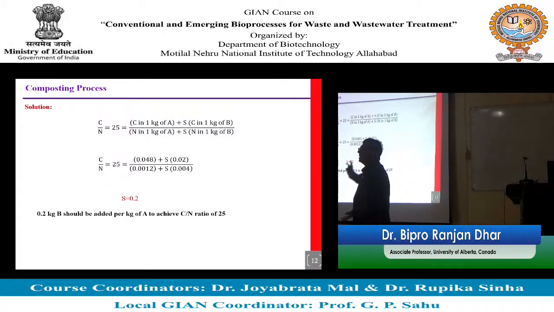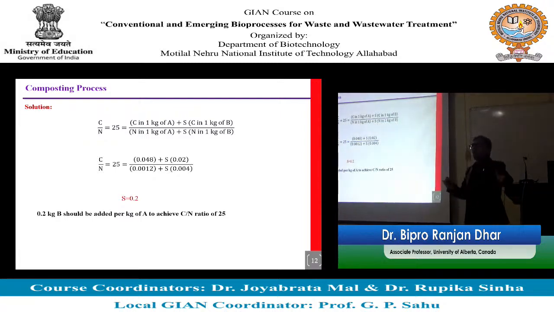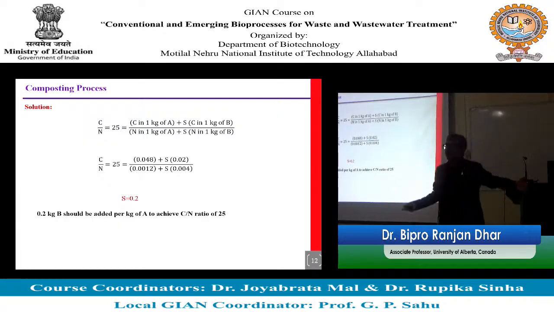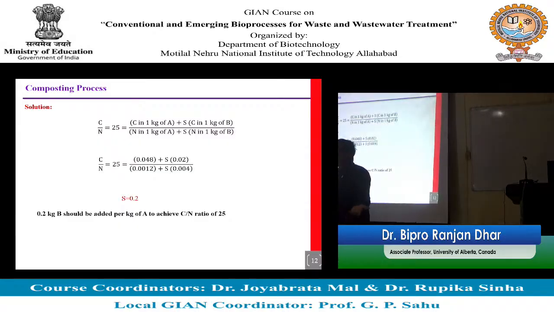So that simple calculation can help you estimate how to mix different types of feedstock and make it ready for composting. And not necessarily just for composting. This concept can be used for other biological processes like anaerobic digestion, because carbon to nitrogen ratio is important for any biological process.